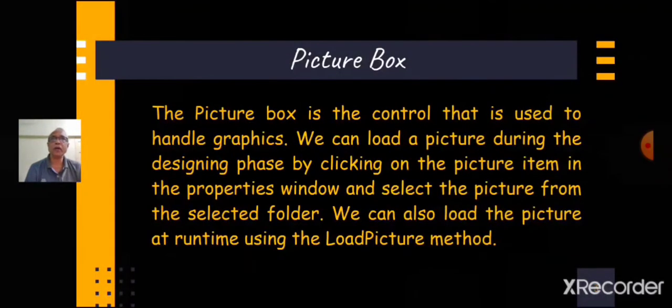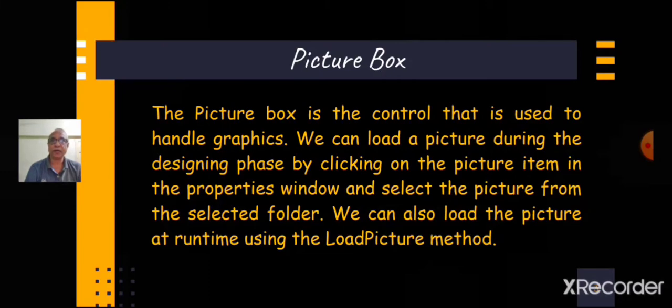The next common control in VB is the picture box. The picture box is the control that is used to handle graphics. We can load a picture during the designing phase by clicking on the Picture item in the properties window and selecting the picture from the selected folder.